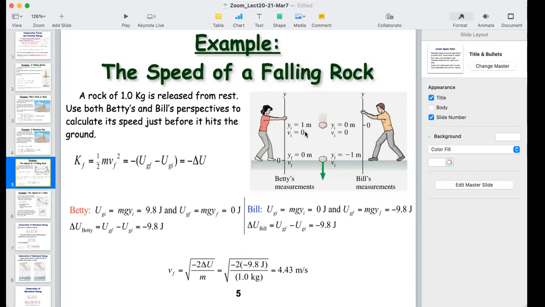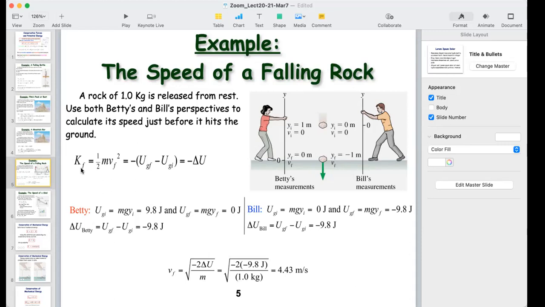The initial velocity is equal to 0. And the final position is y final equal to 0 meter. And the final velocity is what we are looking for.